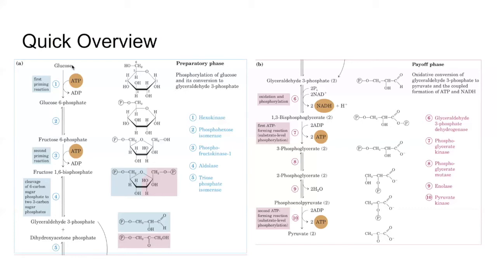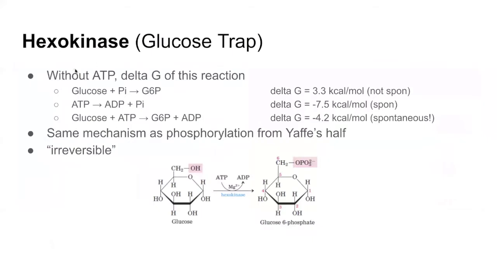With regards to that, the mechanism is pretty much the same as the mechanism from Yaffe's half when he talked about phosphorylation. The trigonal bipyramidal metaphosphate intermediate is the intermediate that occurs when you add a phosphate to glucose.